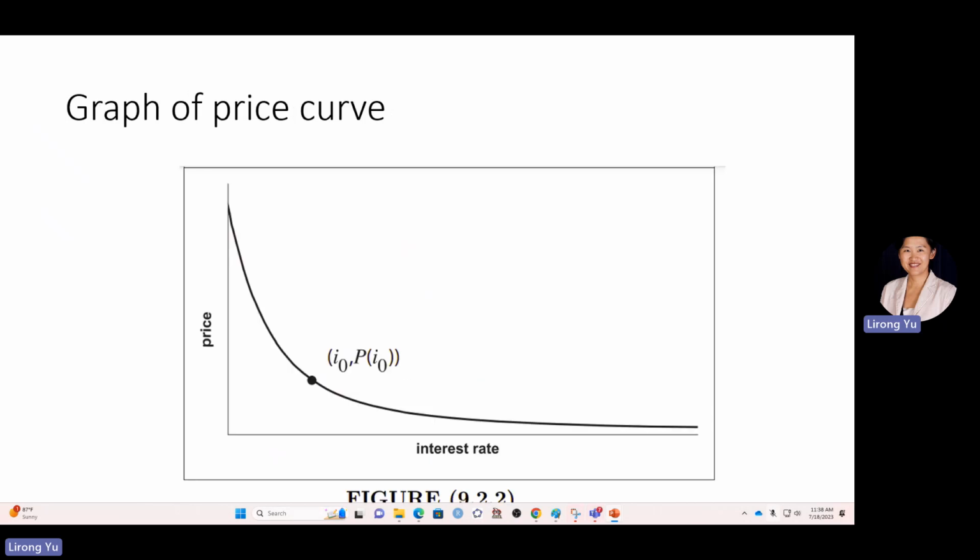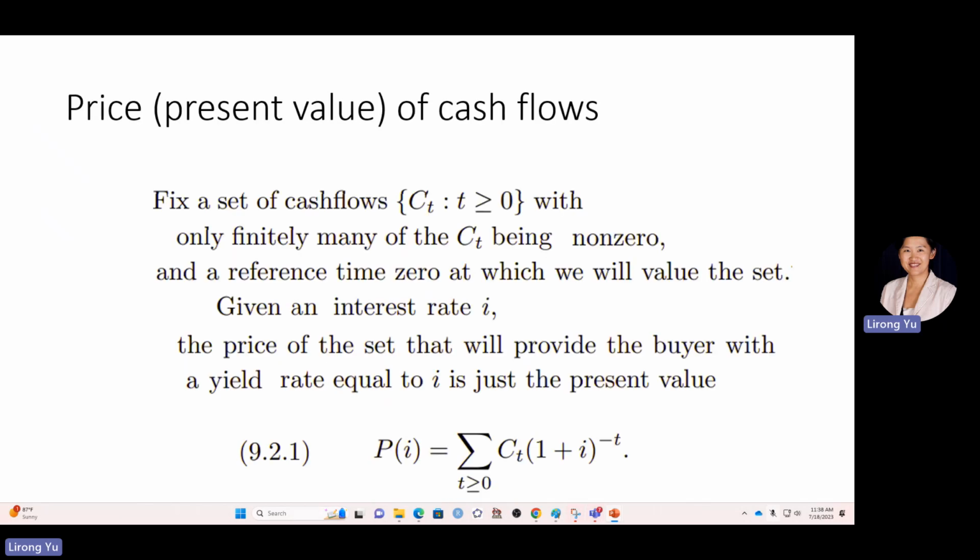This is the price curve. So we're talking about present value, so it has a negative correlation with the interest rate. The summation is more complex, so just think about one single function: 1 over (1 plus i) to the power of 2, or to the power of 3.